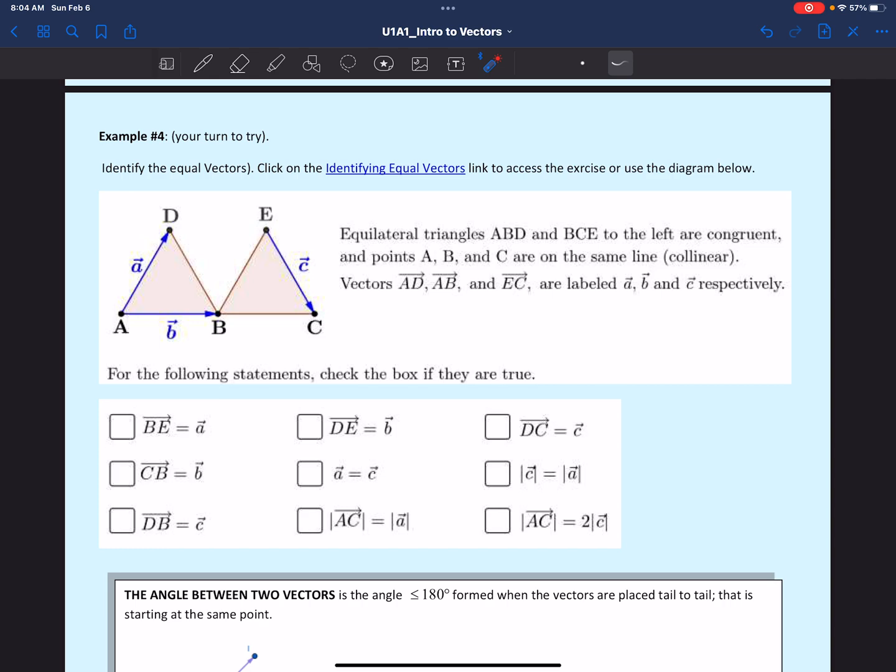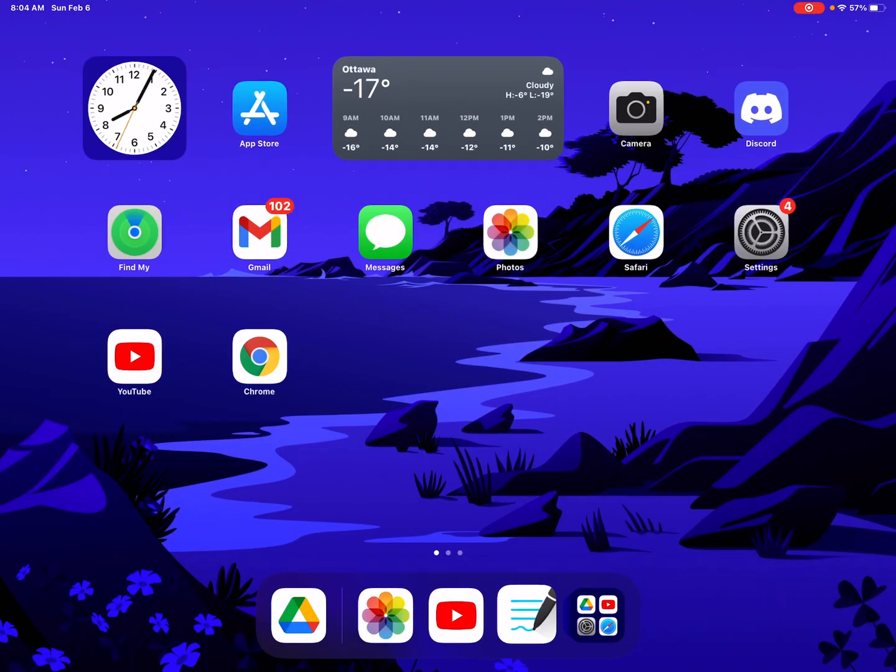We're told vector B starts at A, ends at B. So that would be the vector AB. And then vector A starts at A, ends at D. So that's vector AD. And last, vector C starts at E, ends at C. So EC. So for this, we're going to use the Geogebra app.